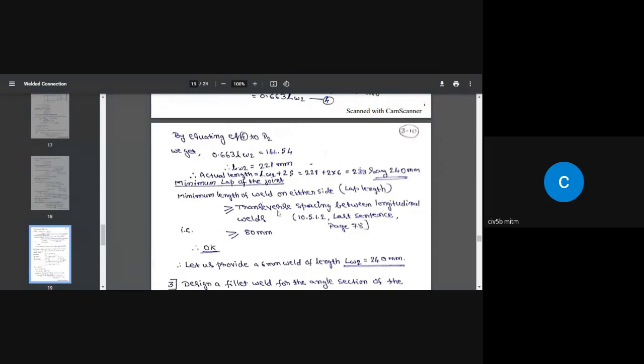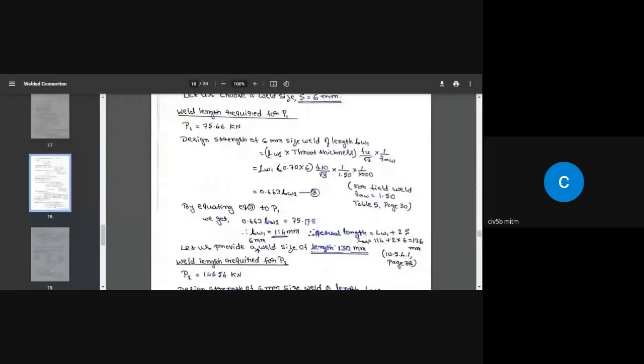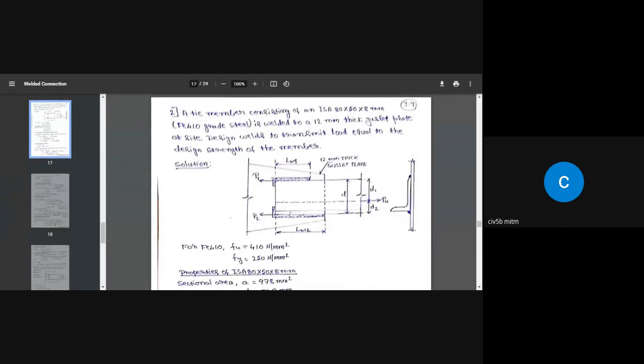So transverse spacing between longitudinal welds means, look here, what is the transverse spacing between this weld and this weld? That is 80 millimeter. This is the angle we have. The longer leg is 80 millimeter here.